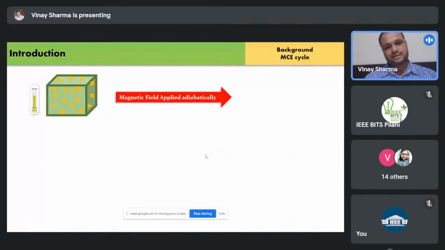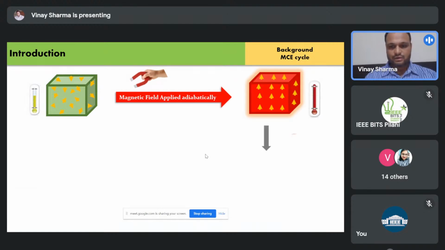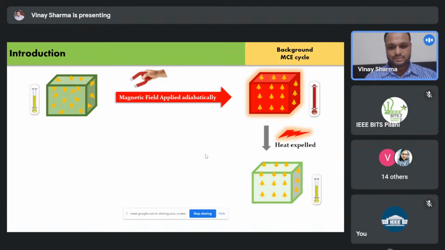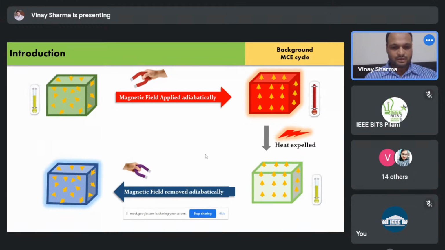So here's a small introduction of what is happening during this magnetocaloric effect cycling. Let me go directly to the materials part, because it will be a material aspect. When a magnet is brought near to a material, and the magnetic field is applied adiabatically, the spins will align in a particular direction.